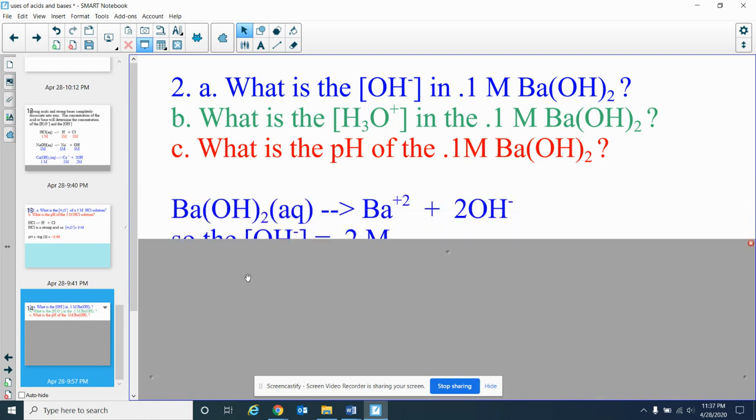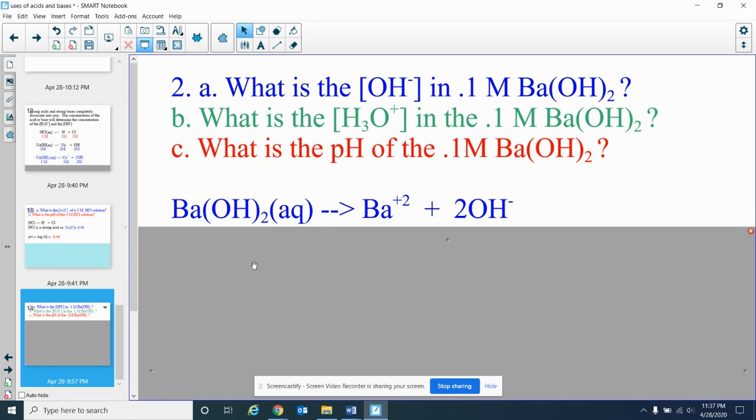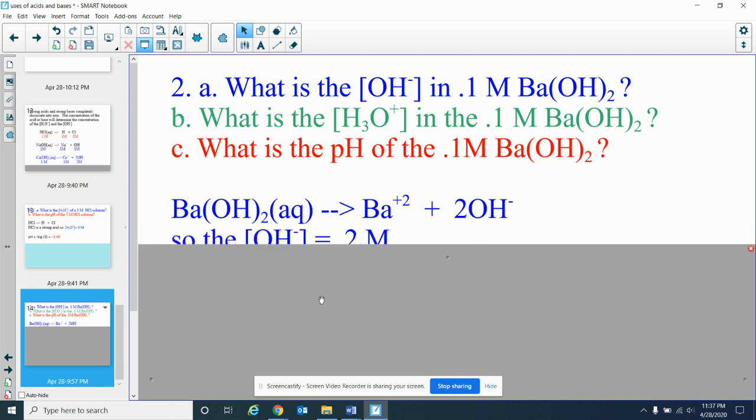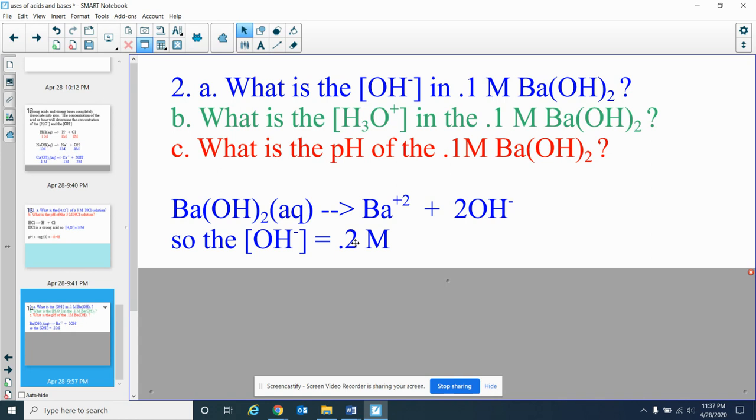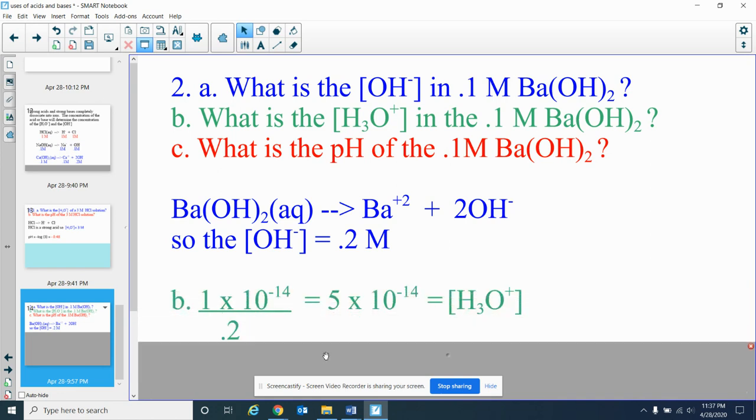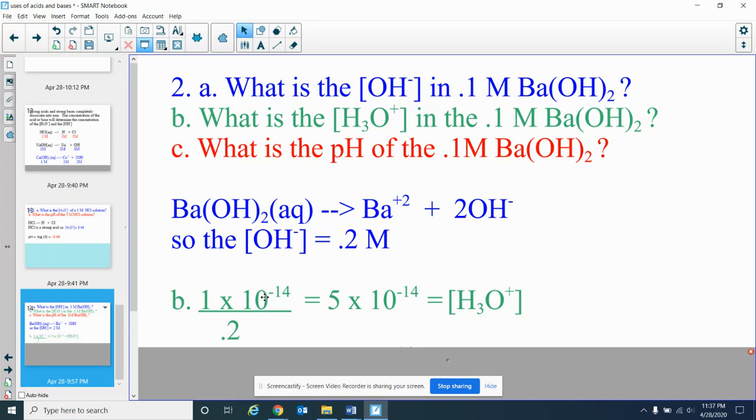So barium hydroxide is a strong base. It breaks up to form Ba plus 2 OH minuses. So if it's 0.1 molar barium hydroxide, then the hydroxide is 0.2 molar because you're getting twice as much hydroxide out when those break apart. So the OH minus is 0.2 molar. Now to find the H3O plus, as we learned from the other video, 1 times 10 to the minus 14th divided by the OH minus will give us the H3O plus.